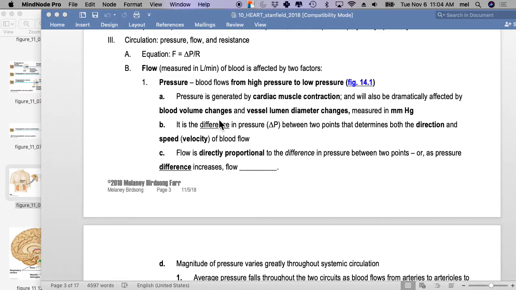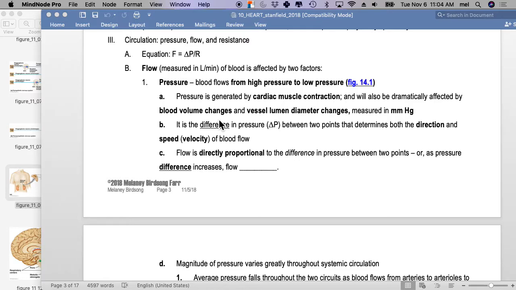So this one is 100 versus 80, and this one is 100 versus 20. Which one has faster flow? That one has faster flow than the first one, right? So the difference in pressure between 2 points determines directionality and also velocity or speed of flow, right?